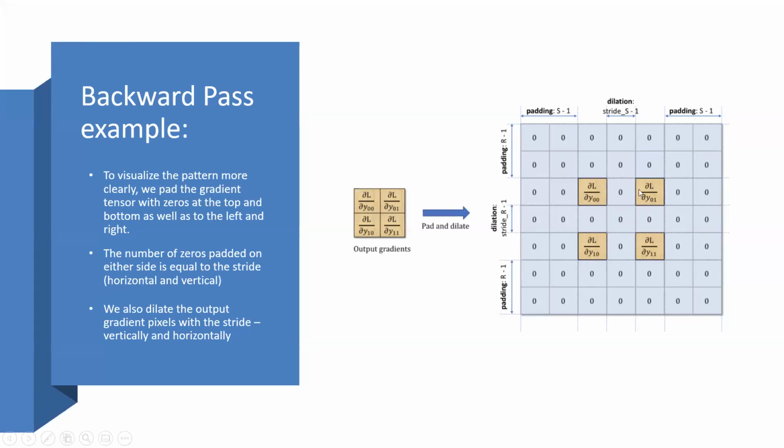Because the stride is greater than 1, and maybe Shairi, you can add onto what I'm saying, if we only pad around the gradient center, we're not going to be able to get the correct loss gradients with respect to the input. So we have to dilate so that we can get the correct input.